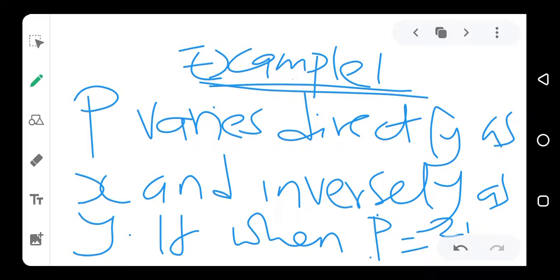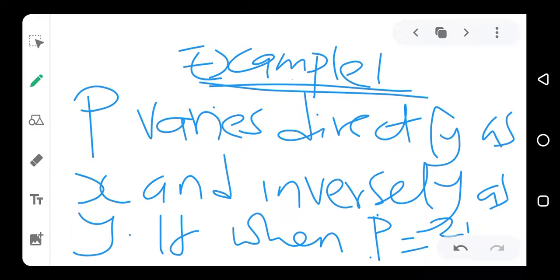It can contain all direct variation or all inverse variation, or it can be direct and indirect mixed. But the major concept here in joint variation is that one quantity is varying with two or more other quantities or two or more other variables.